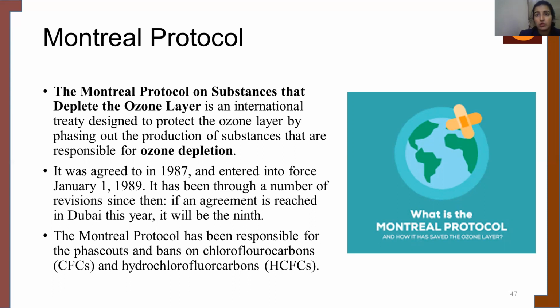It has gone through a number of revisions, and moreover, the Montreal Protocol has been responsible for phasing out and banning chlorofluorocarbons and hydrochlorofluorocarbons, which are the main components in depleting the ozone layer. So that is all about the Montreal Protocol.